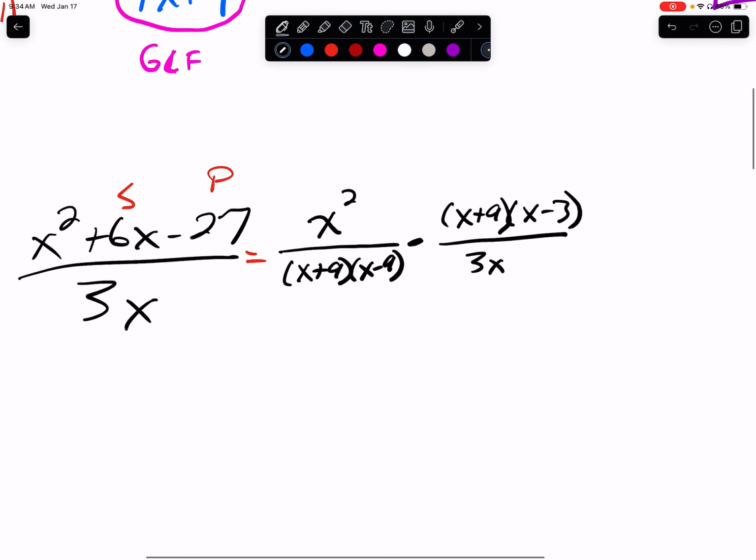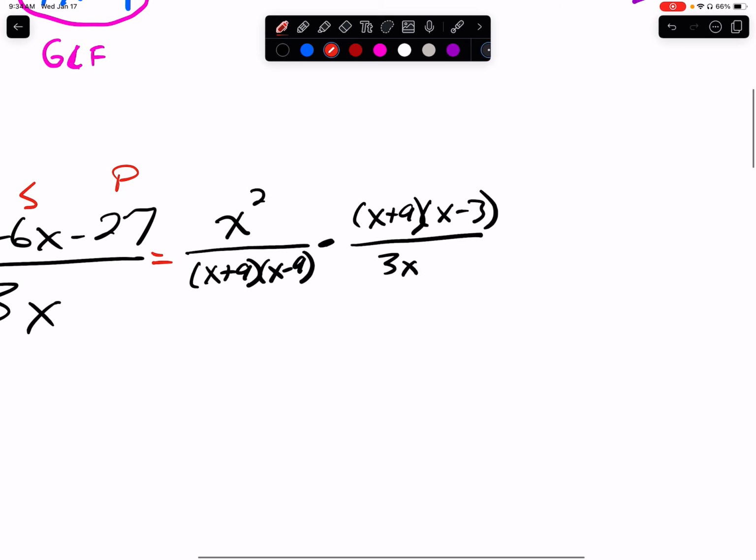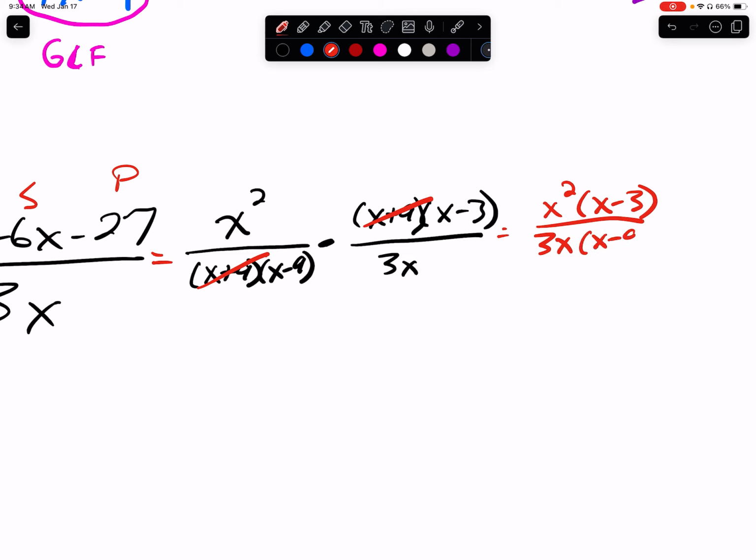Okay, so now we're going to take a look at, well, what can we get rid of here? I've got an x plus 9, I've got an x plus 9, and then the other binomials don't cancel out, so I'm just going to combine these real quick. x squared, x minus 3 is left on the top, and then I've got a 3x times x minus 9 left on the bottom. Now since we are multiplying here, since it's x squared times x minus 3 and 3x times x minus 9, we can now simplify, right?